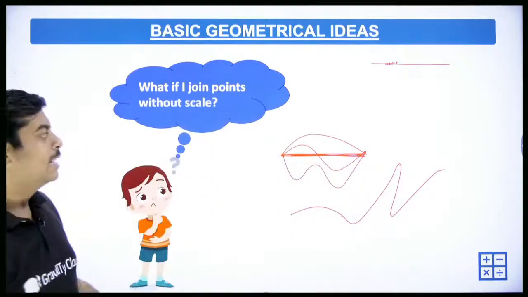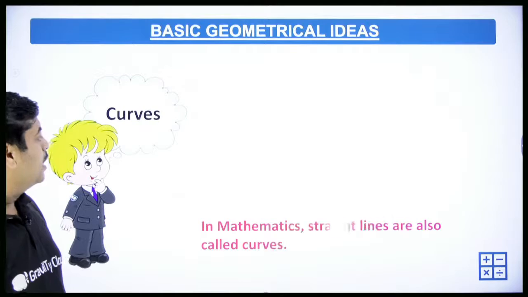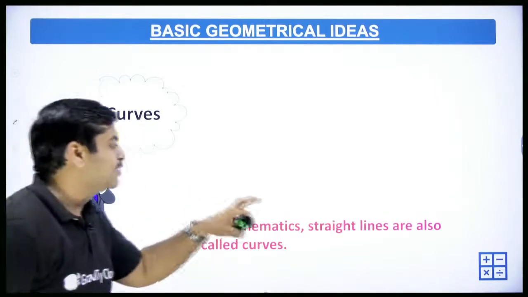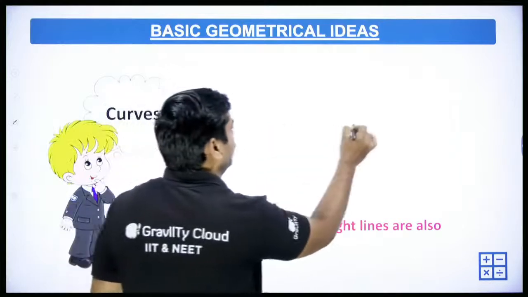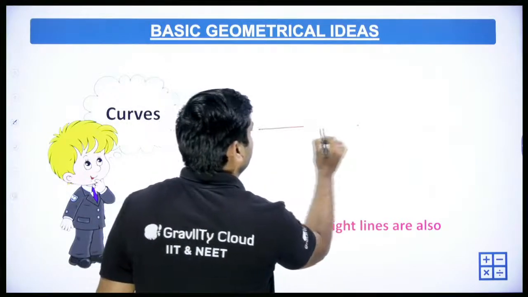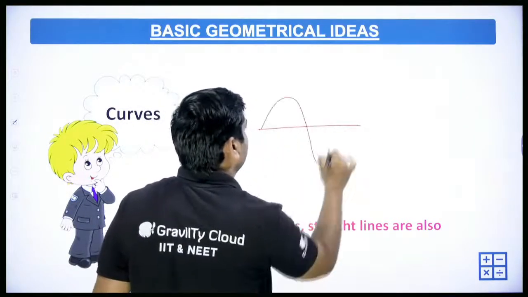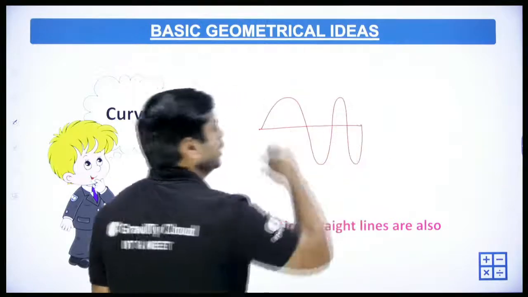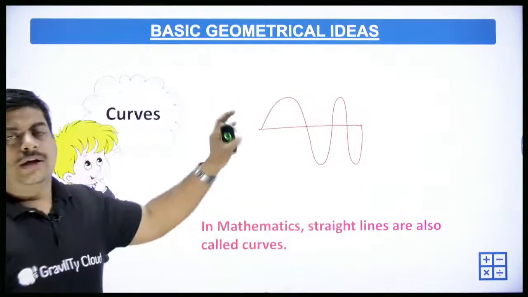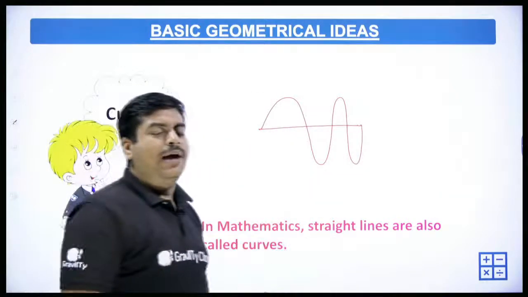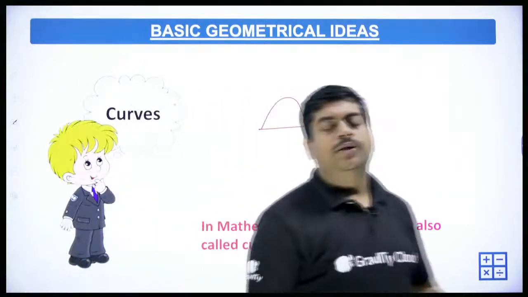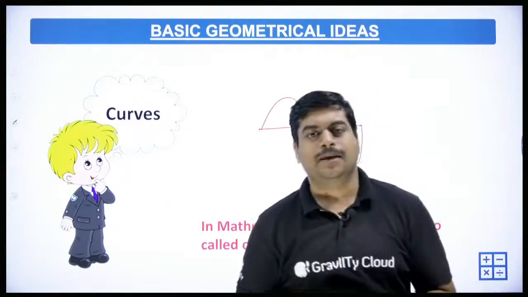In mathematics, even straight lines are called curves. From one point to another, whether you join in a straight path or in a curved way, closed or open, with n number of points, 2 or 3 or 100 or infinite, we say it is a curve.